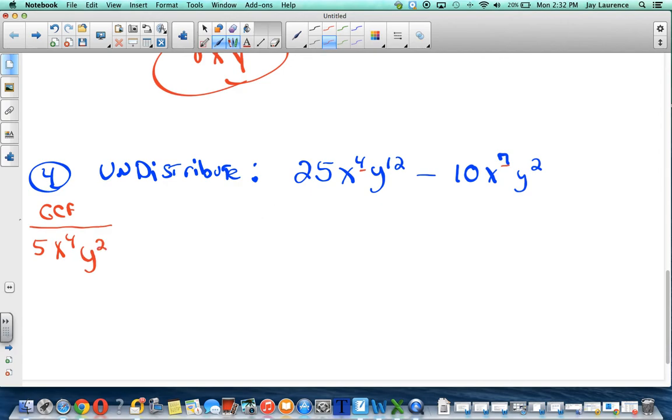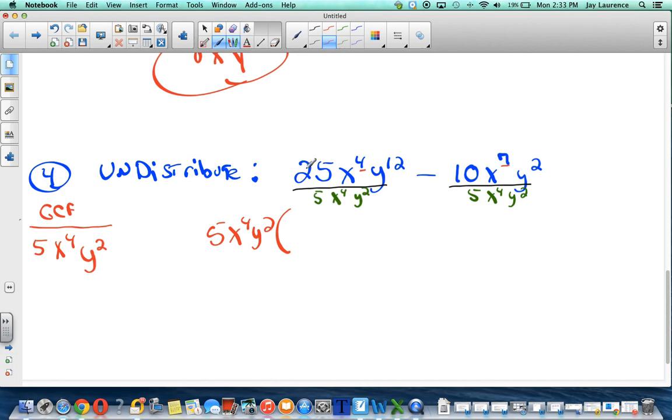So when I undistribute, I'm going to have 5x to the 4th y squared times the quantity. And here's how I get what goes in my quantity. I divide both of these by the GCF, 5x to the 4th y squared.